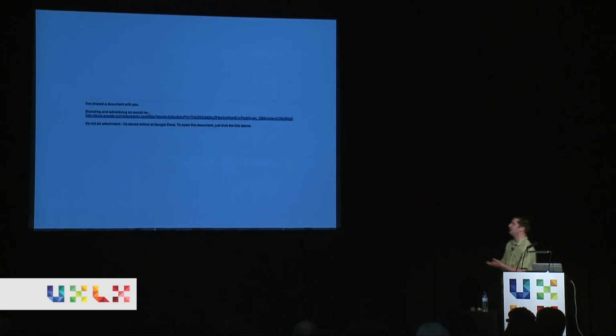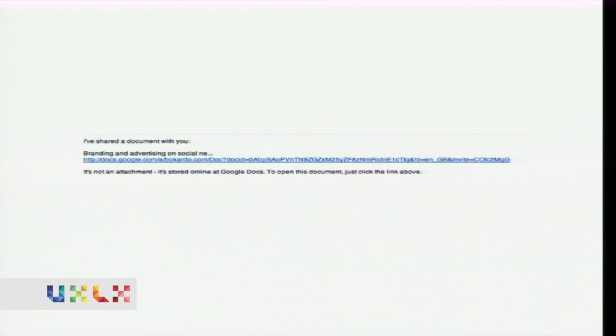Another example that several people, including my family members, mentioned to me is that when you get an email that someone has shared a Google Doc with you, and if you've never used Google Docs before, it's kind of confusing. Like, someone shared a document with me, but it's not attached in the email. Where is it? I don't know.